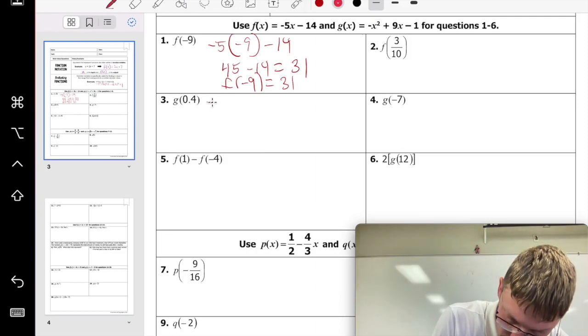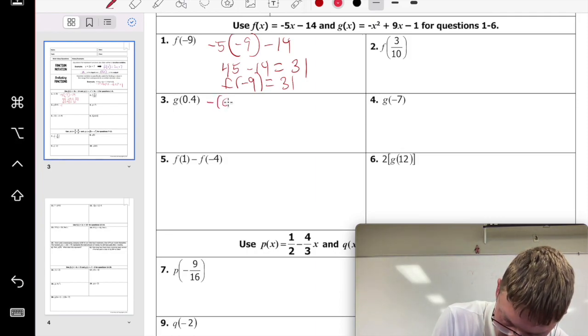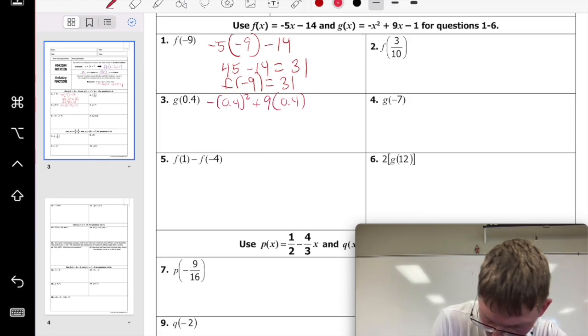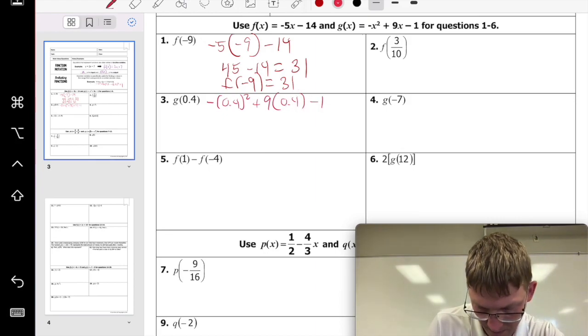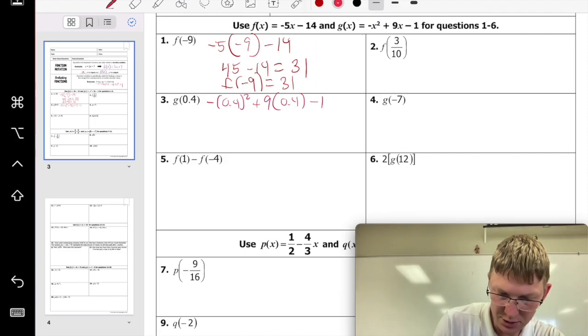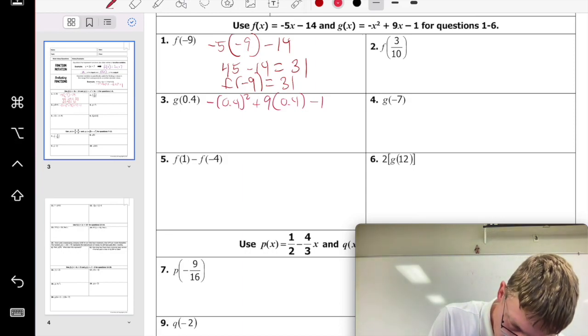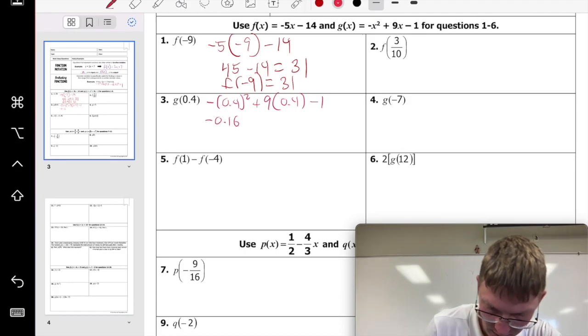So then negative 0.4 squared plus 9 times 0.4 minus 1. So 4 times 4 is 16, so this is going to be negative 0.16.